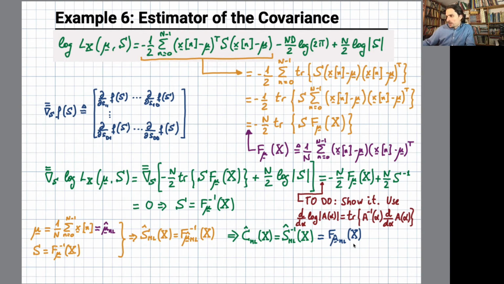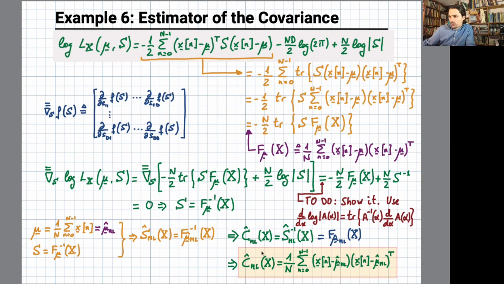So to sum up, by substituting mu ML in the definition of F, we obtain this expression for the ML estimator of the covariance matrix of a multivariate Gaussian distribution.